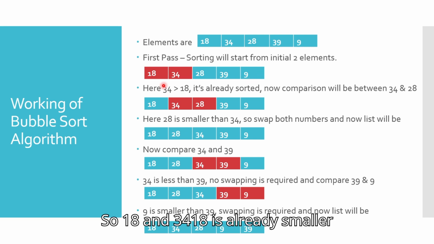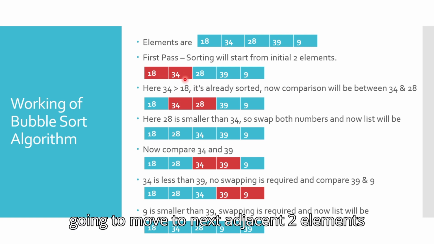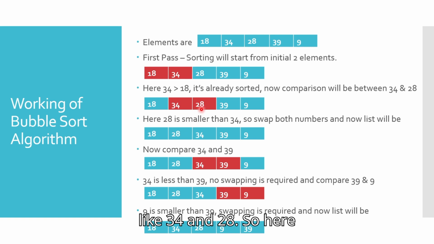So 18 and 34, 18 is already smaller, so no need to swap. Then it moves to the next adjacent two elements, 34 and 28. Here 34 is greater than 28, so a swap is required. After swapping, my array becomes 18, 28, 34, 39, and 9.